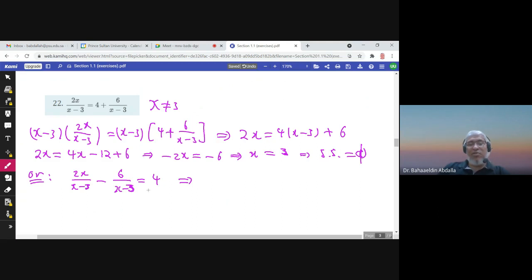Since we have the same denominator, we write the denominator and we subtract the numerators. 2x minus 6 equals 4. And now if you factor the numerator, if you take 2 as a common factor, you will find it x minus 3 over x minus 3. So you can cancel x minus 3 with x minus 3, and you will have 2 equals to 4. But 2 cannot be 4. So this is impossible.